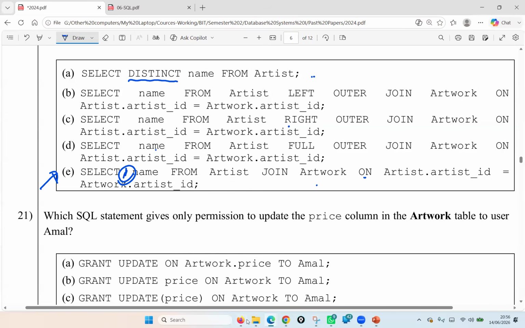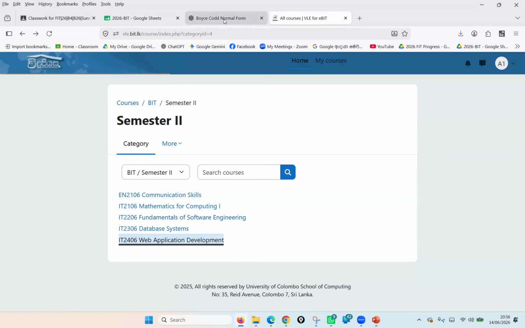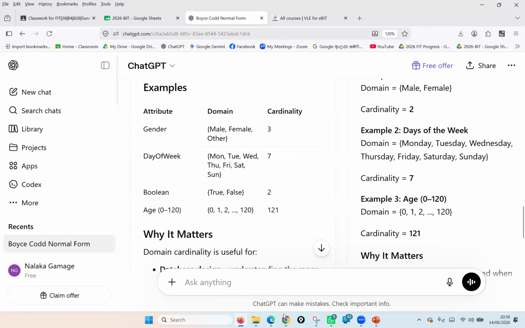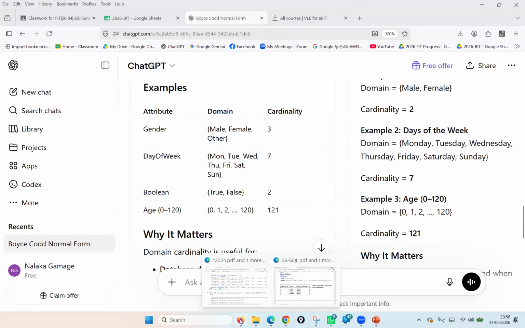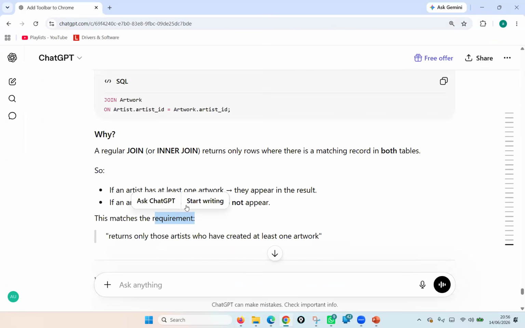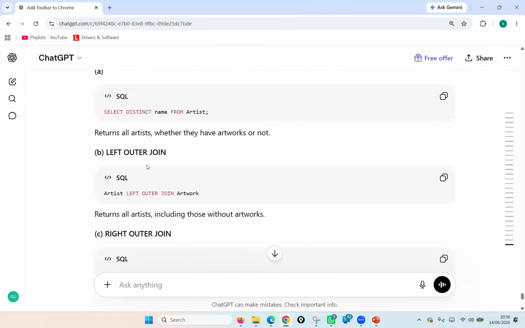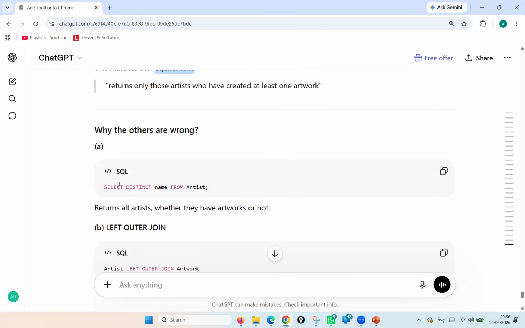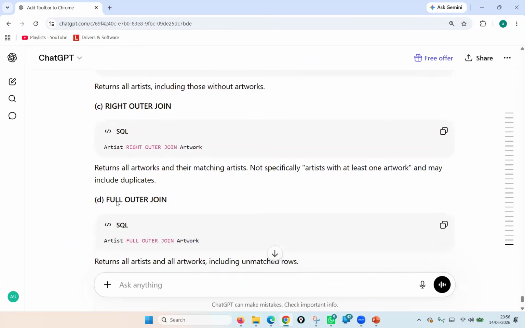Okay? අපි ChatGPT එක අහලා බලමු මෙහෙම කරොත් හොඳයිද කියලා. මට නම් හිතෙන්නේ එහෙම කරොත් තමයි මේක වැඩි සාර්ථක. Why the others are wrong? අනිත් අය වැරදියි කියලා කියනවා.